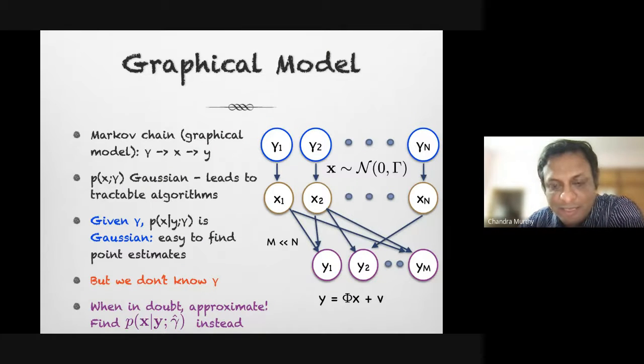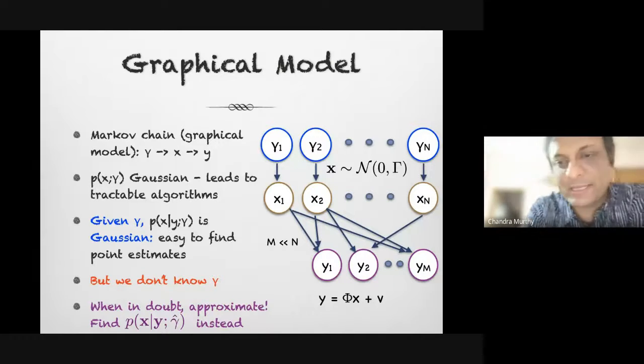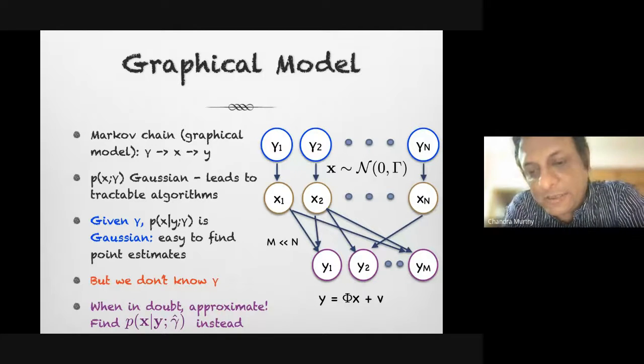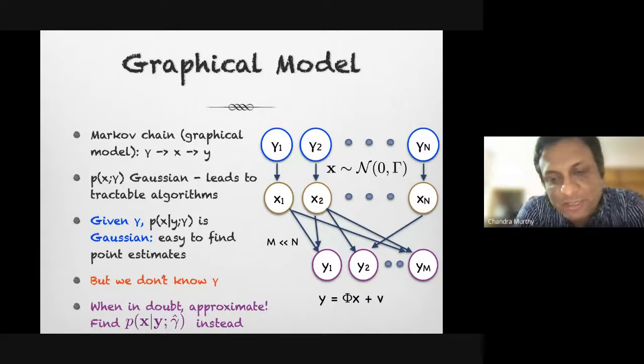Like I mentioned, x has a Gaussian distribution with variance parameterized by gamma, and v also has a Gaussian distribution, and therefore y also has a Gaussian distribution. The mean of y is phi times the mean of x plus the mean of the noise. The mean of x is 0 because x is, as mentioned here, Gaussian with zero mean and covariance matrix gamma. And the mean of v is also zero because it's Gaussian with zero mean. So the mean of y is zero.